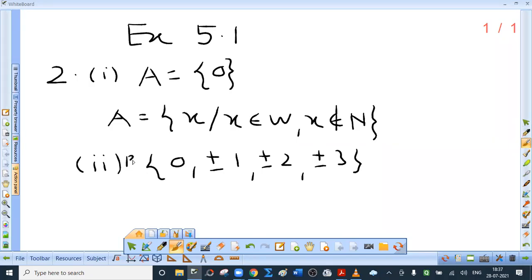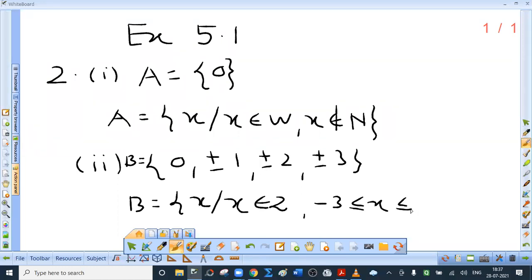So B is the set. I can see that this is the set of integers from -3 to 3. Do you agree with me? So I can say B is the set of all x such that x is an integer, denoted by Z or by I, such that -3 ≤ x ≤ 3. Write down.